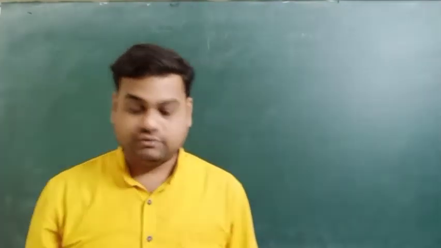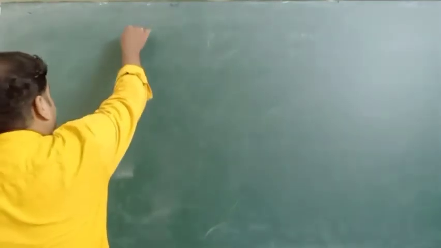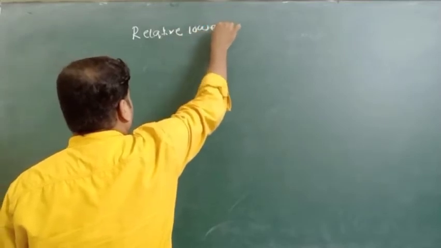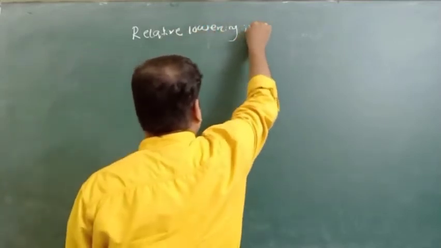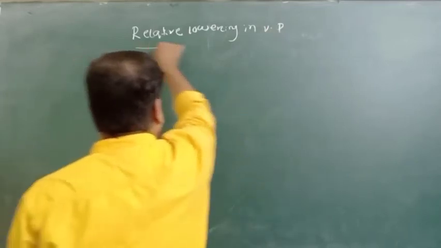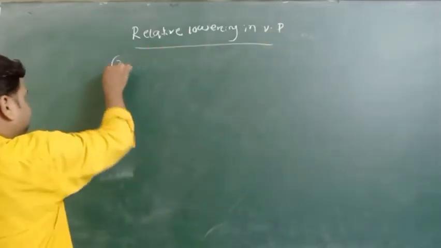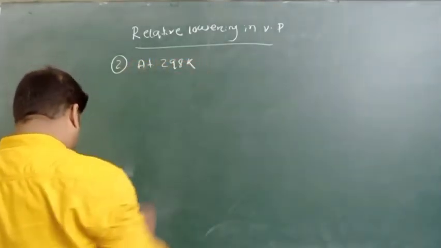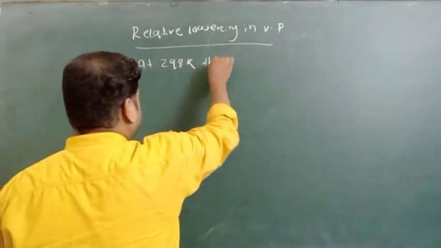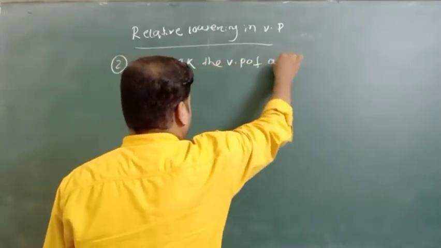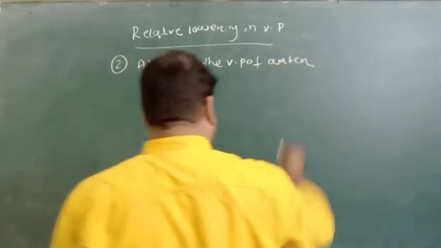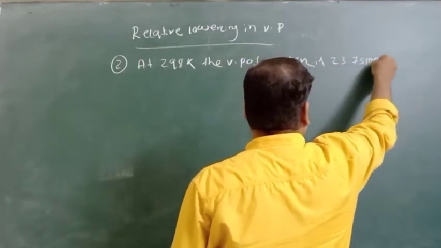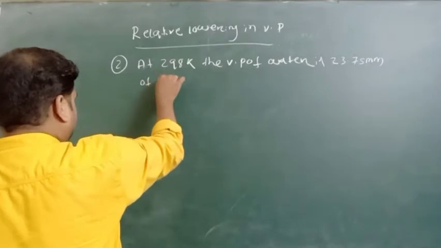First of all, we will write the question regarding the relative lowering in vapor pressure. Question number 2: at 298 Kelvin, the vapor pressure of water is 23.75 mm of mercury.